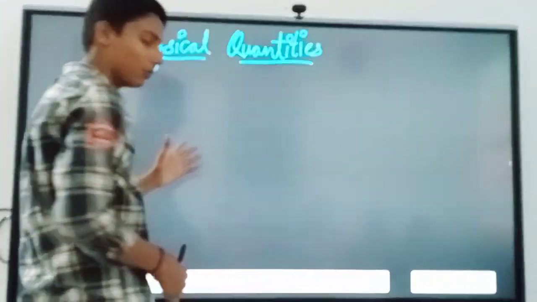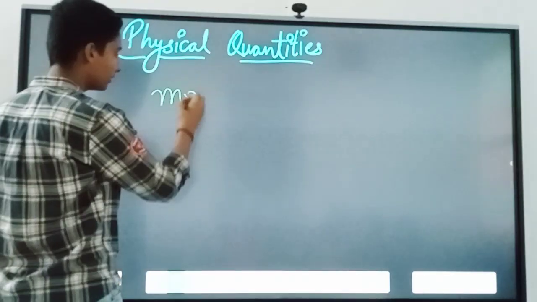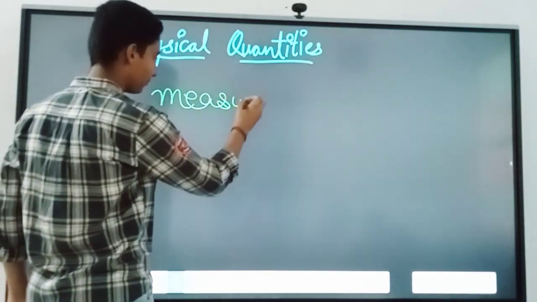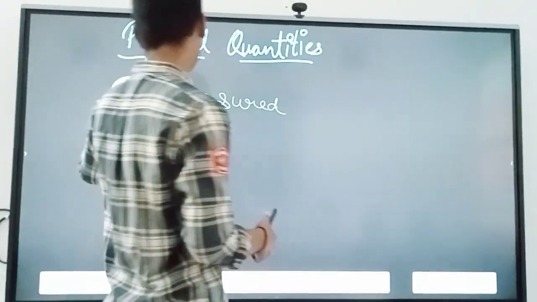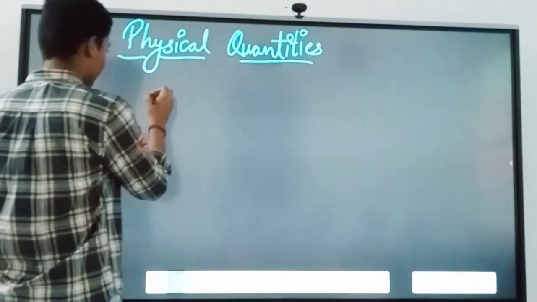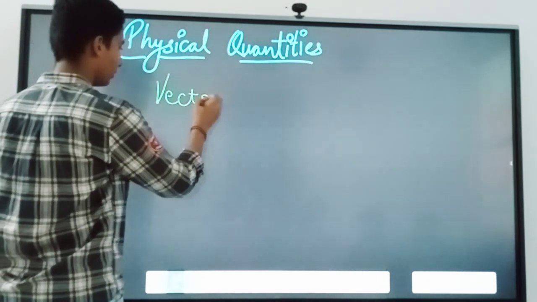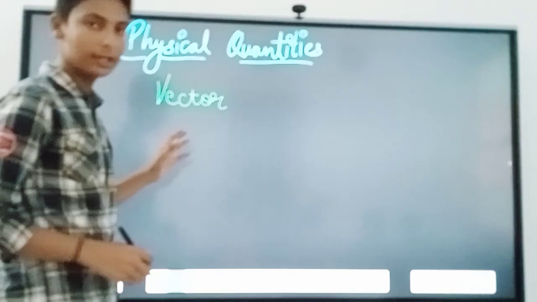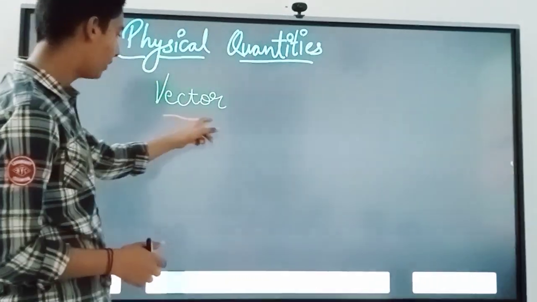So now the physical quantities. Physical quantities are the quantities that can be measured. There are three types of physical quantities. The first is vector quantity. The quantity that has a magnitude as well as direction is a vector quantity.